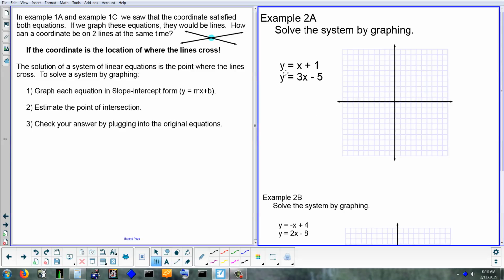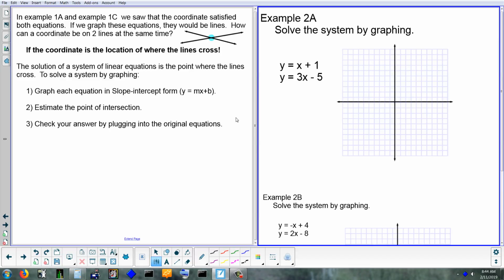When I graph it, what number do I start at and on what axis? Because remember, I want to put it in slope-intercept form, so you have a choice. Am I going to start at the slope or at the y-intercept?